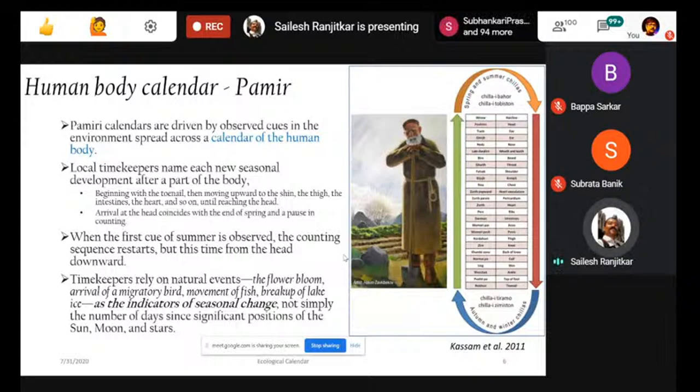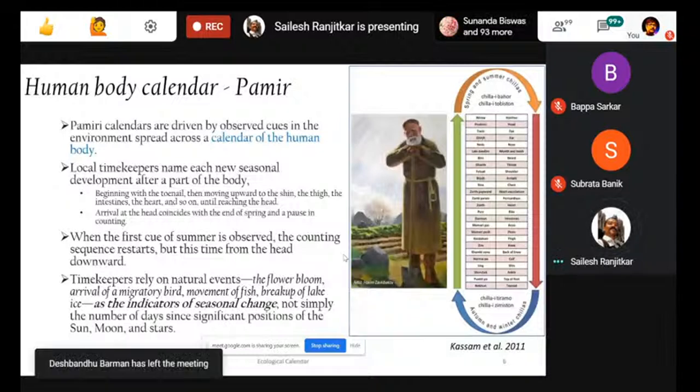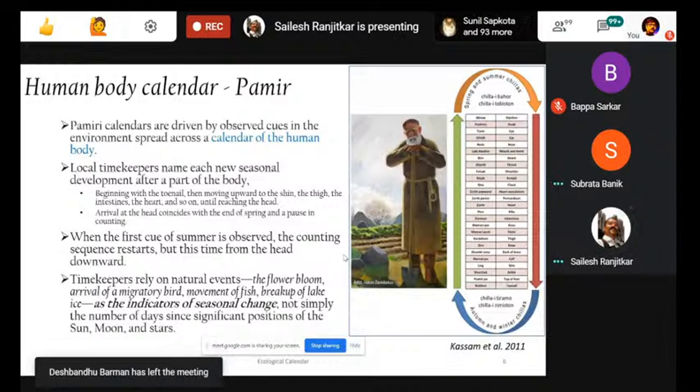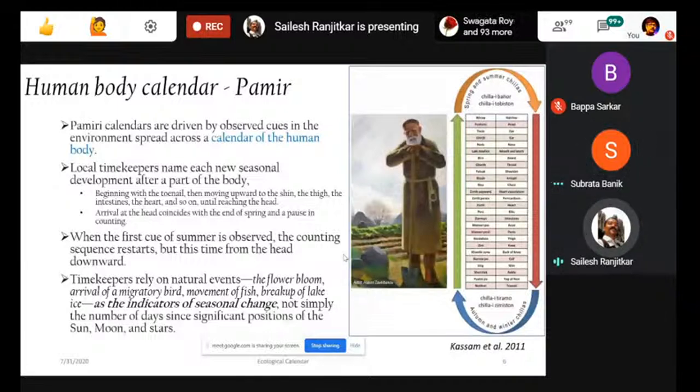These timekeepers rely mostly on events such as flower bloom, arrival of migratory birds, movement of fish, breakup of lake ice, which is very similar to the Chinese calendar. So these indicators are telling us, okay, now seasons are changing, and we should keep these in record to adjust our agriculture activity.